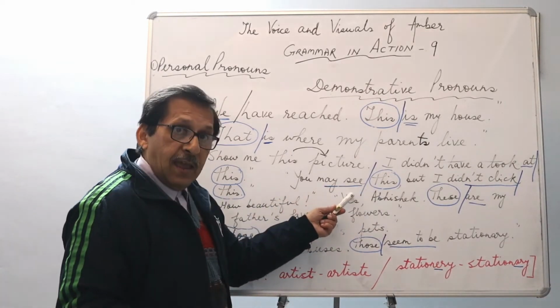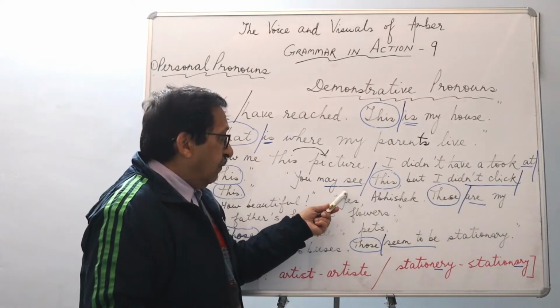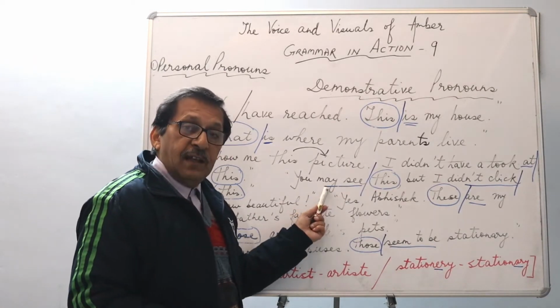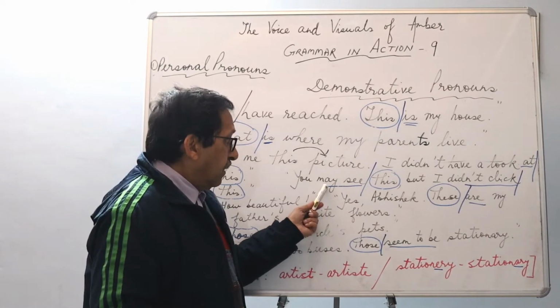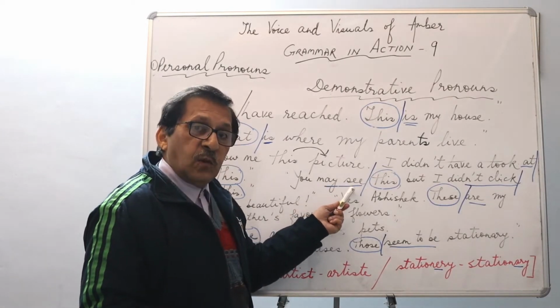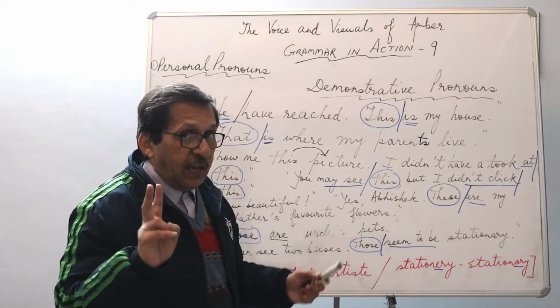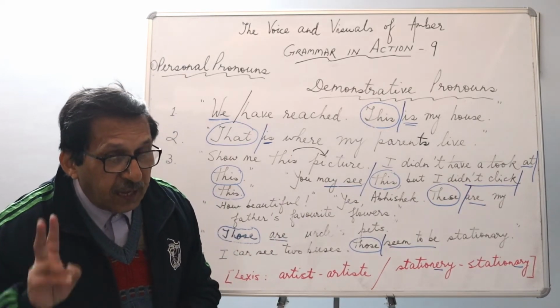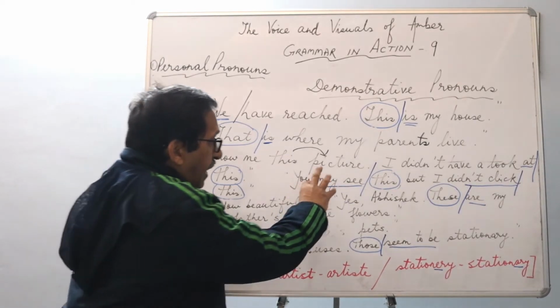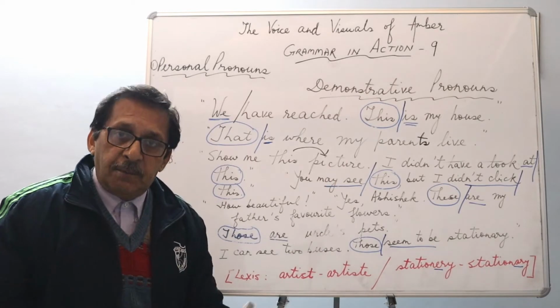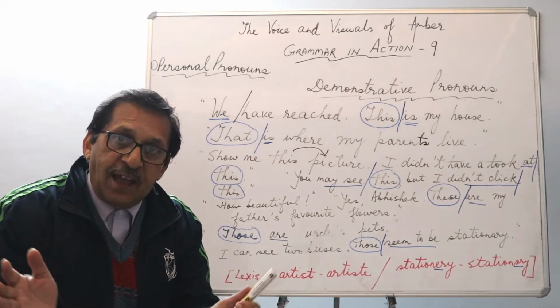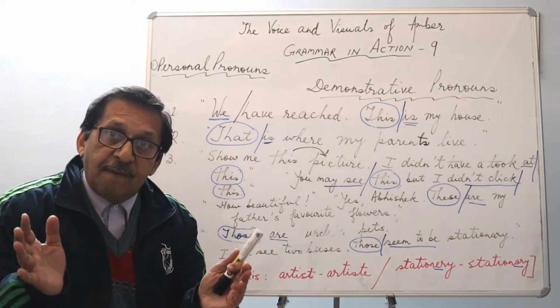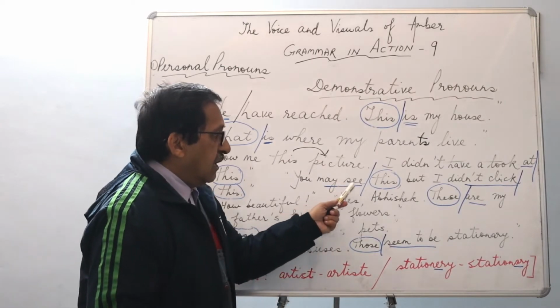So here may is your two-part action verb. May see. May is the modal auxiliary along with the doing word see, a doing word. Together they become a two-part doing verb or an action verb. So you may see what?